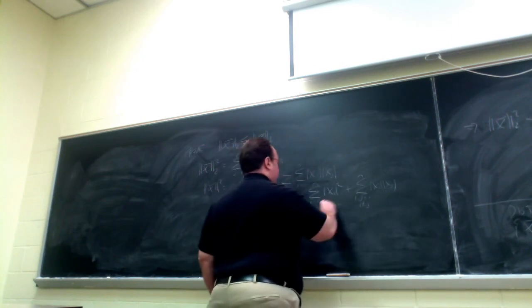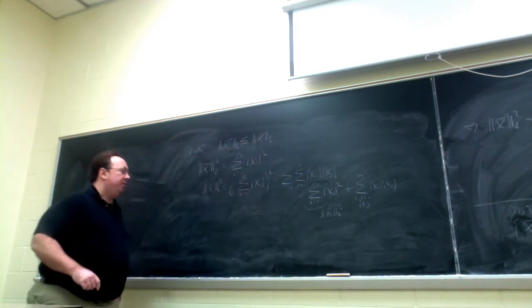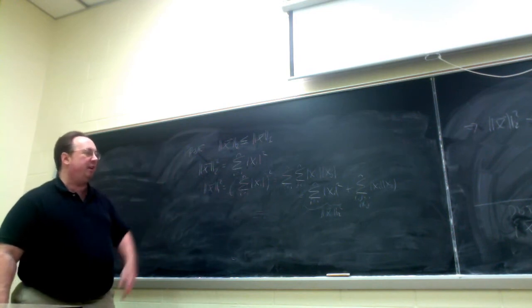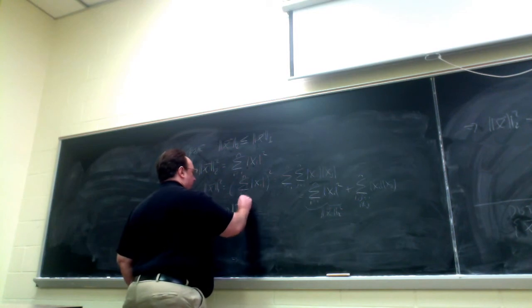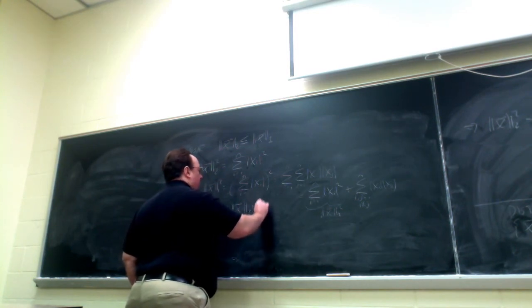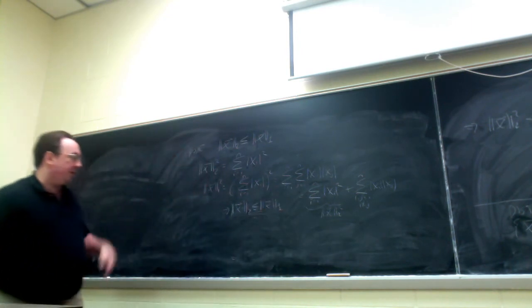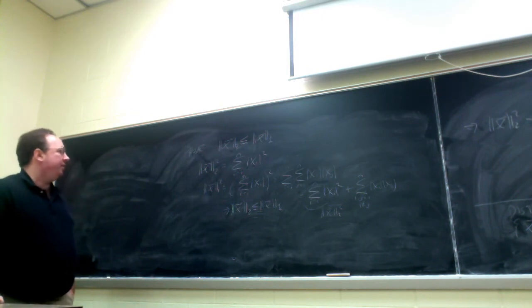But the first part is exactly the 2 norm squared. So since the 1 norm squared is the 2 norm squared plus some other stuff that's going to be non-negative, that's how we can prove that the 2 norm is less than or equal to the 1 norm.